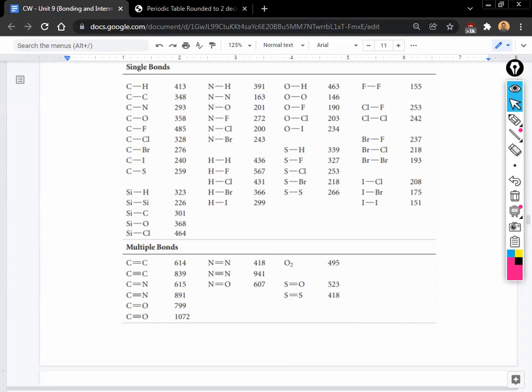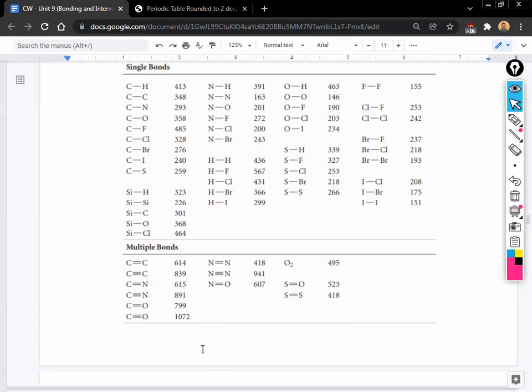Alrighty, guys. If we take a look at the table, what's the bond enthalpy for the nitrogen-nitrogen bond? Yeah, we've got 163 right here. And then what about the nitrogen-hydrogen? Yeah, we've got 391.